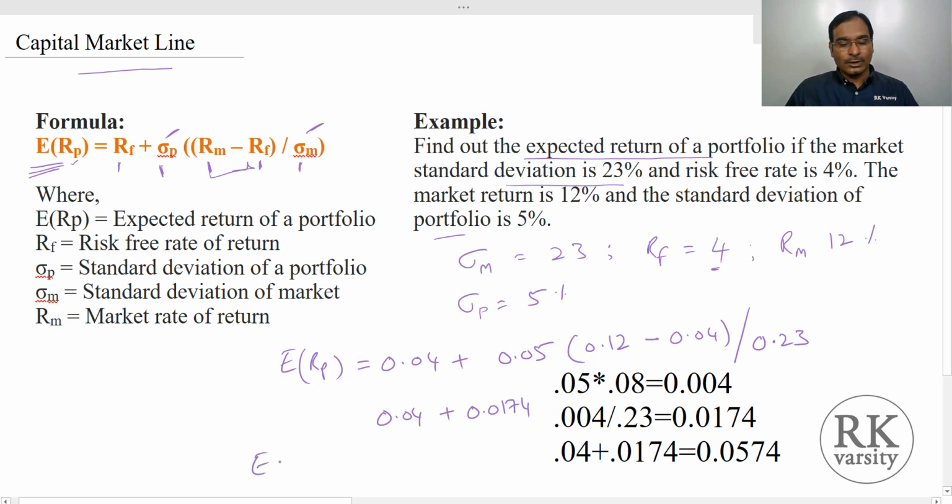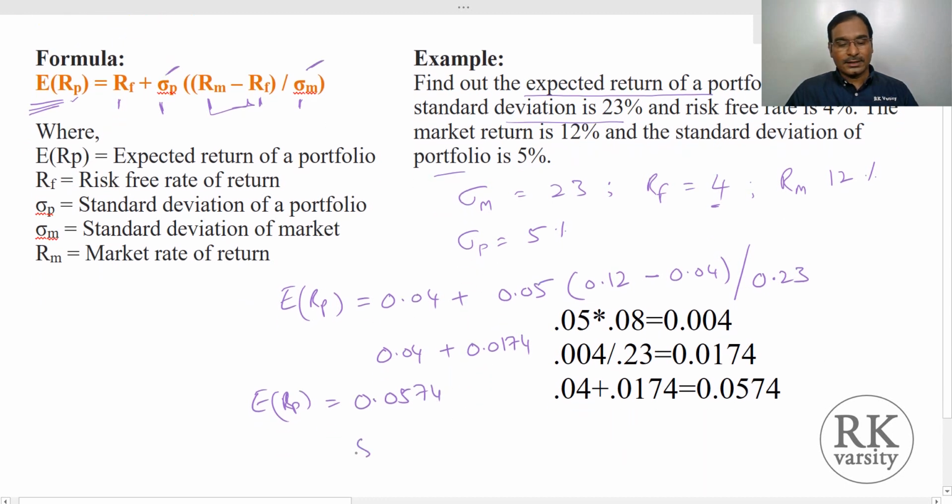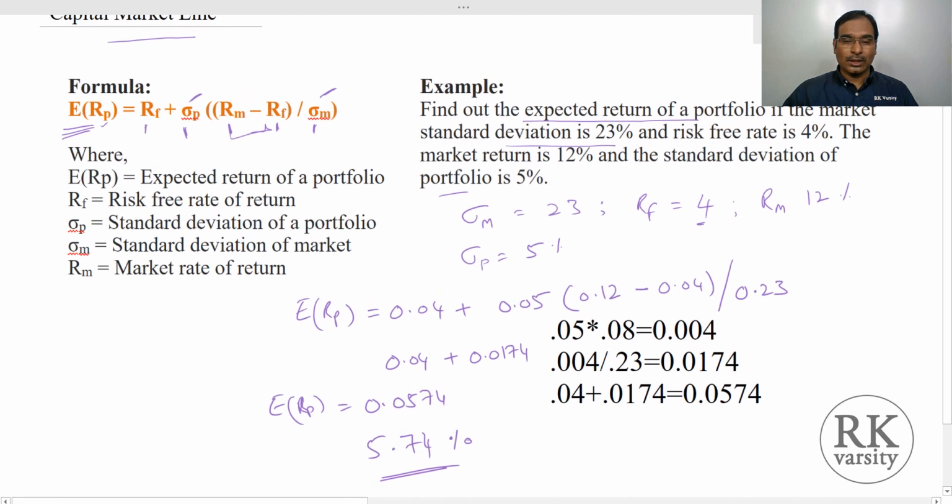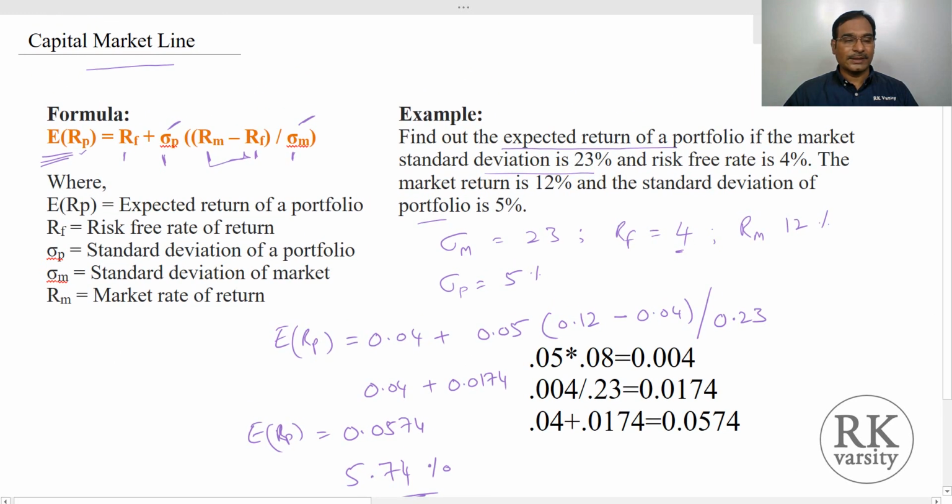So your expected return on a portfolio under the capital asset pricing model is 0.0574, or we can say this is 5.74%. So the expected return of this particular portfolio, when you are considering the unsystematic risk of both the portfolio as well as the market, is 5.74%. This is how you need to calculate the expected return under the capital market line.